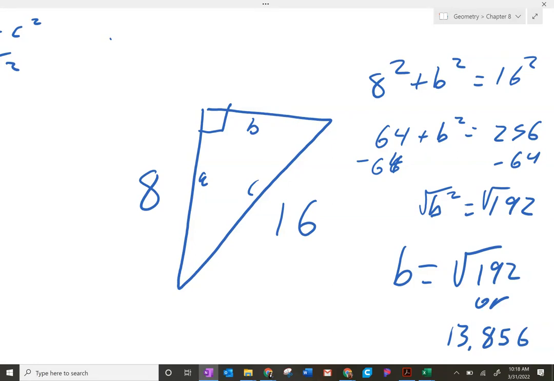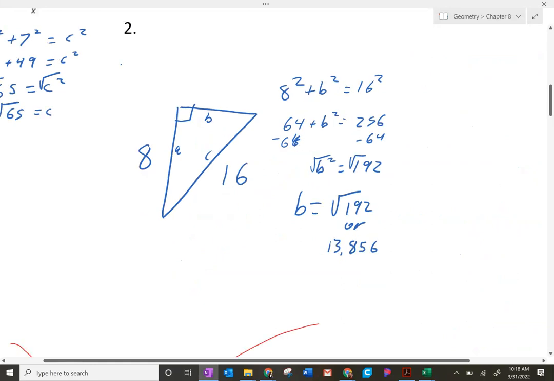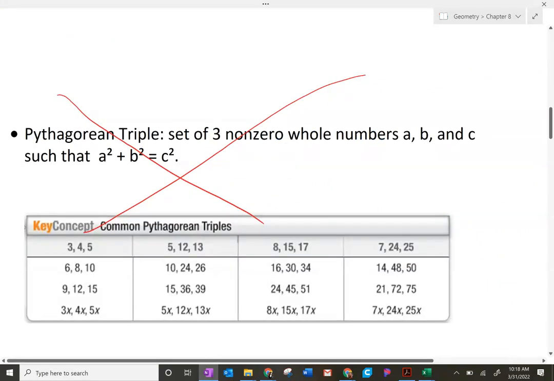Okay. I'm not going to go over this part because if you do Pythagorean theorem, it will automatically go the same way. There are some things called Pythagorean triples. Don't worry about writing it down. I'm just going to explain what they are. There are a couple sets of numbers that no matter what will come out with perfect squares every single time.